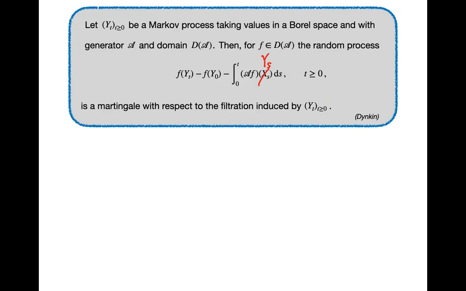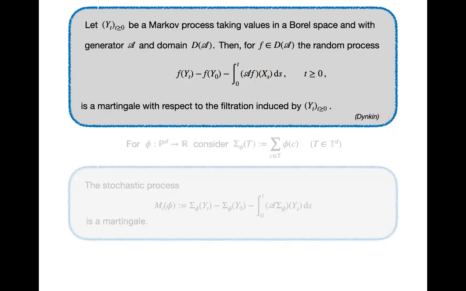And most Markov process theory is developed for Polish spaces or even more special spaces. And it took us quite some time to find a reference which was general enough for us to deal with Borel spaces, because this is something that we can ensure. So our space is at least a Borel space. And this martingale property is usually attributed to Dynkin, so it's the Dynkin lemma.